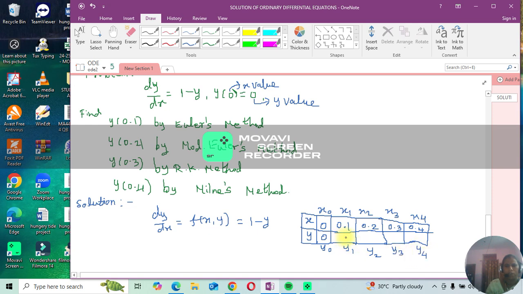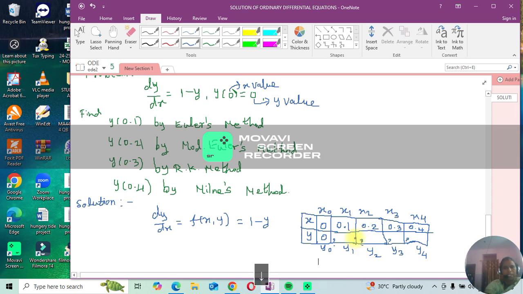So we want to find all these points: y1, y2, y3, y4. Okay, let us see how to solve it one by one.